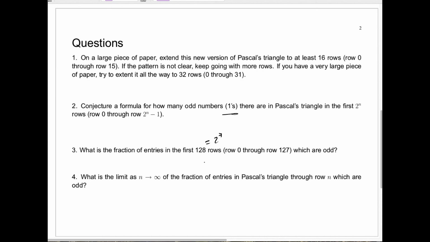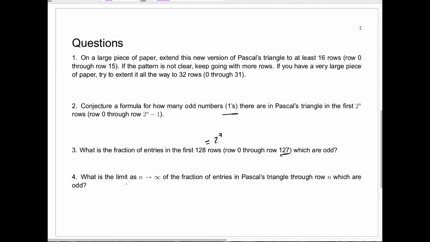If you look at all combination numbers, m choose n, where m is at most 127, that would be for row 127, and you allow any eligible n, that means the n's go from 0 up to m. What fraction of those are odd and what fraction are even?